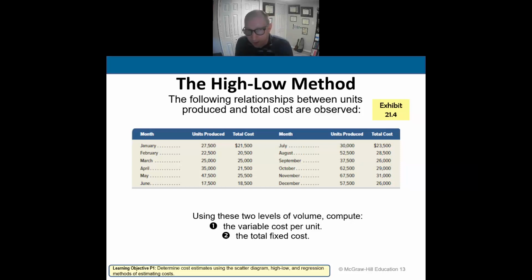So here we go, here's some data, January through December. Take a look at this information. Who can tell me which month was the highest in terms of number of units produced? November.